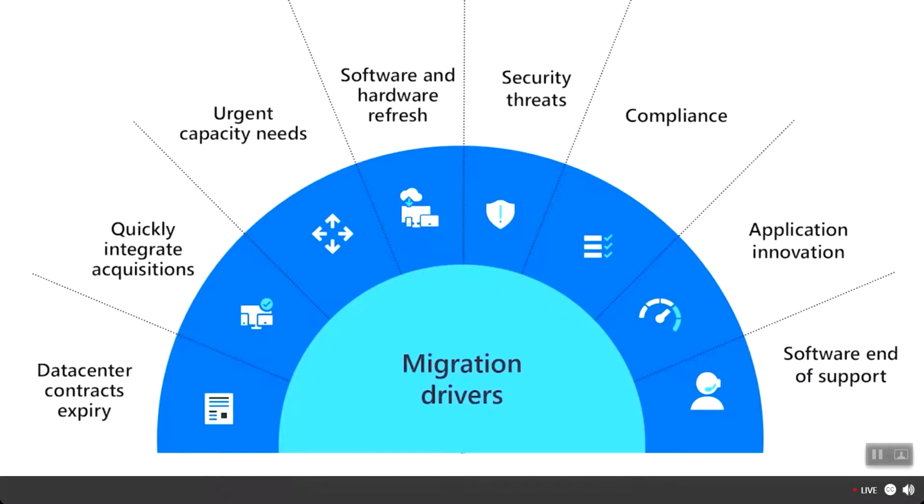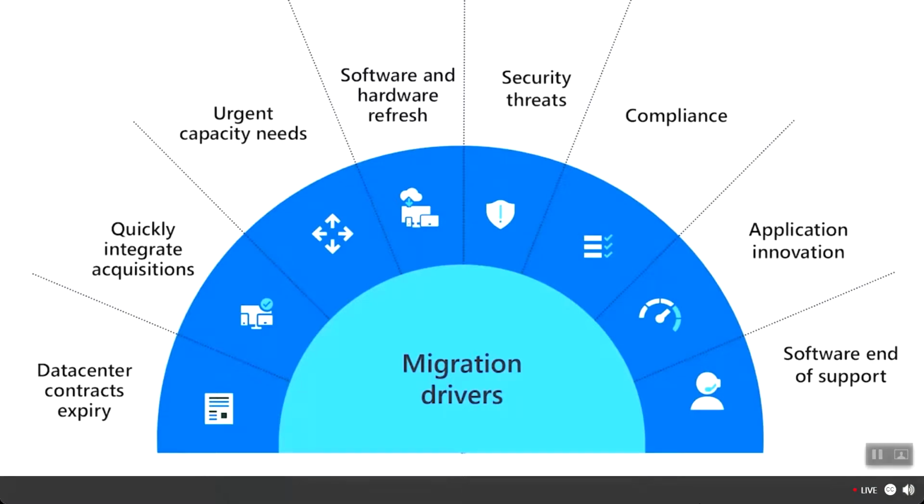And so on Azure, you have the possibility to integrate those solutions easily because we have those as a service. You can run them as a service, and then you can easily connect them, for example, with some ExpressRoute or even with some software, and maybe building a quick application, a quick function, and things like that. So again, many migration drivers, many reasons why you want to go to the cloud.